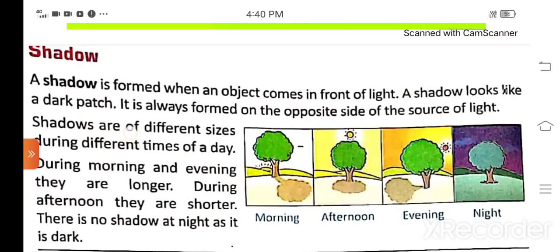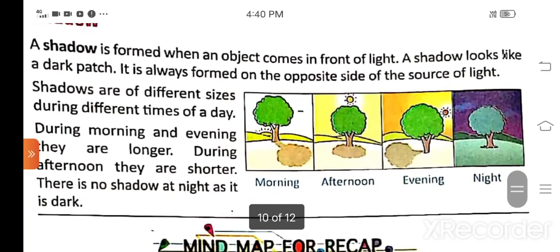So it is said that it is always formed on the opposite side of the source of light, not on the same side of the source of light, but always on the opposite side.